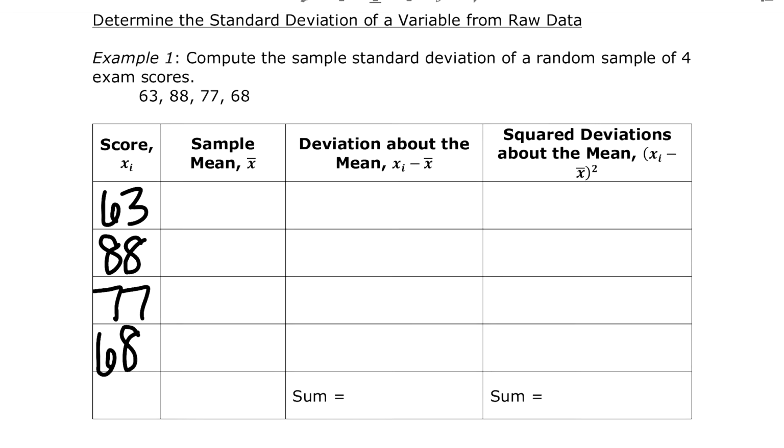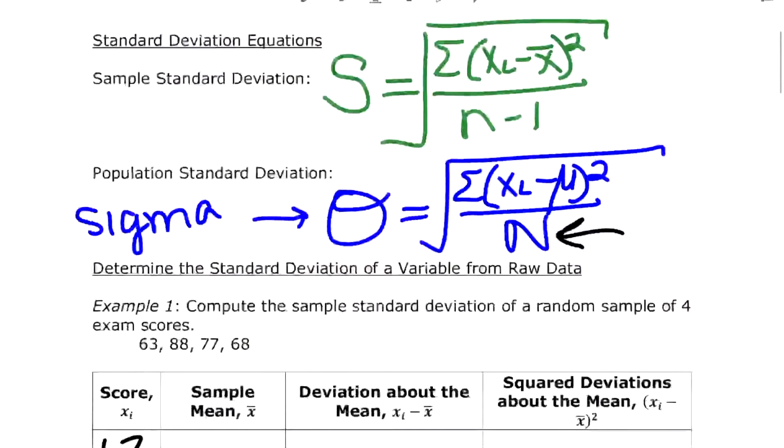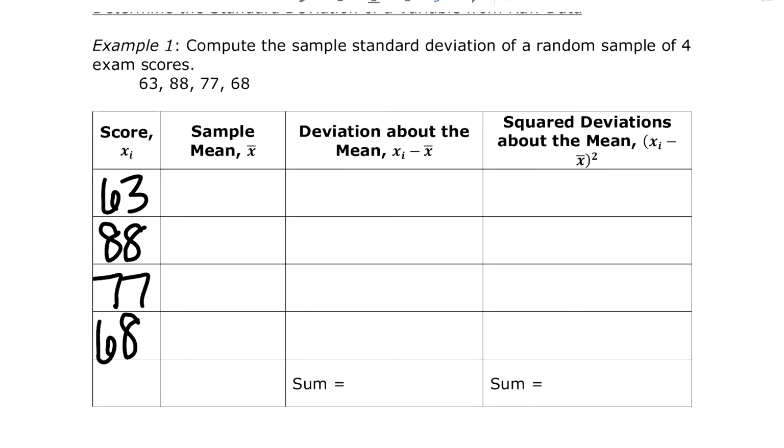Now the next thing I need to do is calculate the sample mean, because looking at the equation, we need to take each of these data values and subtract the mean. So I'm going to calculate the sample mean, which happens to be 74. I'm going to fill in 74 all the way down. This is just so that visually I can see exactly what I'm having to do from one column of my table to the next.